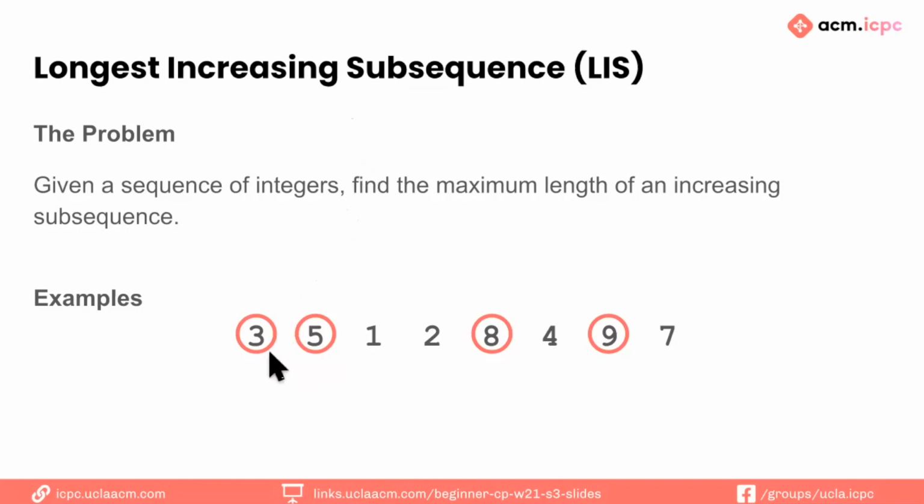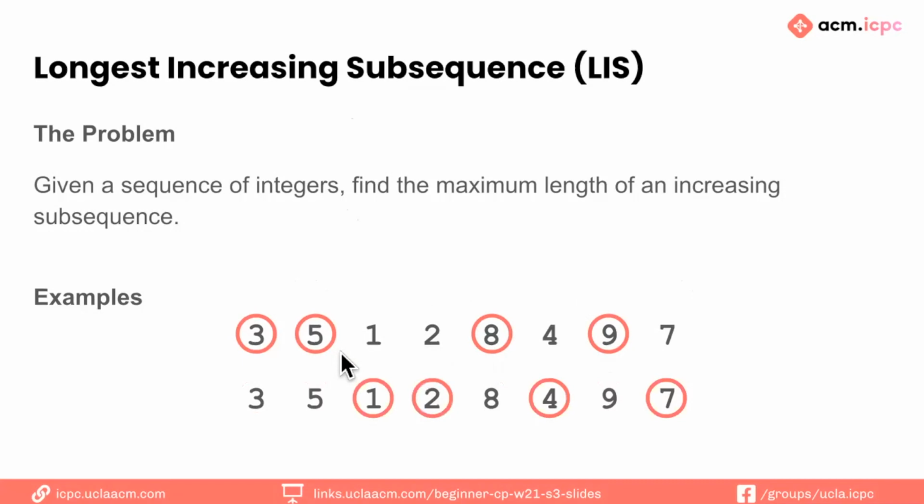In this case, it turns out that 3, 5, 8, 9 is a longest increasing subsequence. Just the sequence 1, 2 would also be increasing, but 3, 5, 8, 9 is length 4, so it has 4 numbers, and the goal is to find the maximum length, the longest possible subsequence. To give you another example, with the same sequence, 1, 2, 4, 7 is also an increasing subsequence, and it also has length 4.